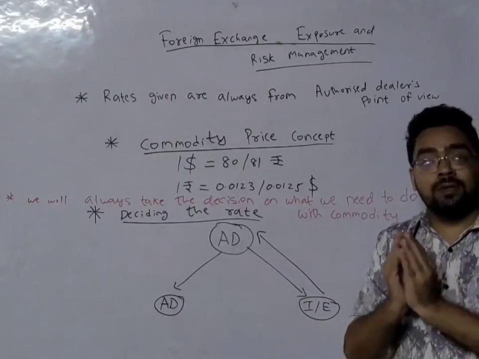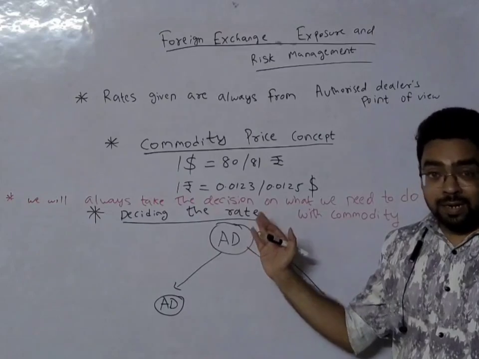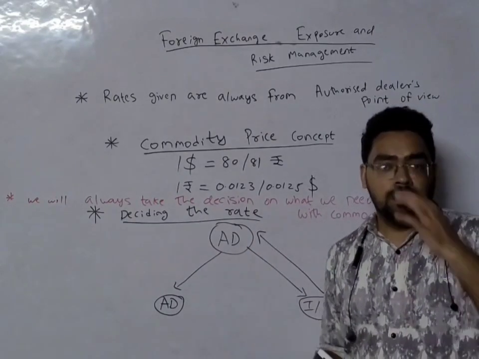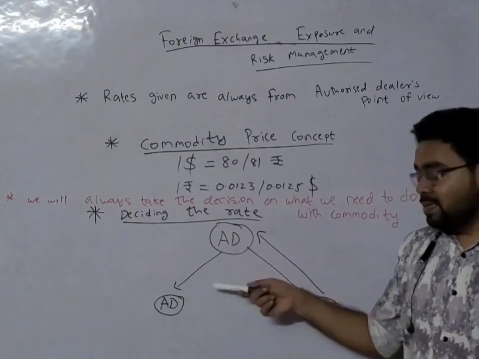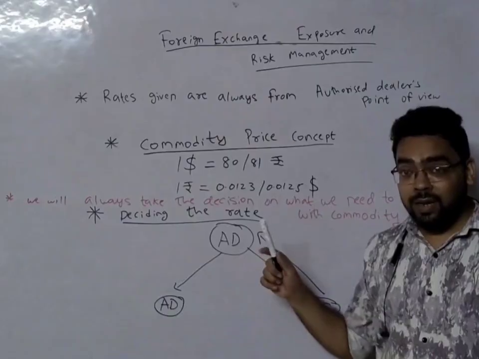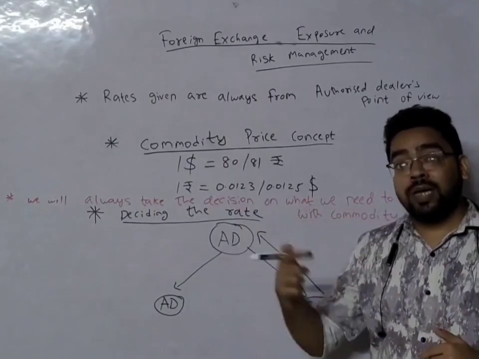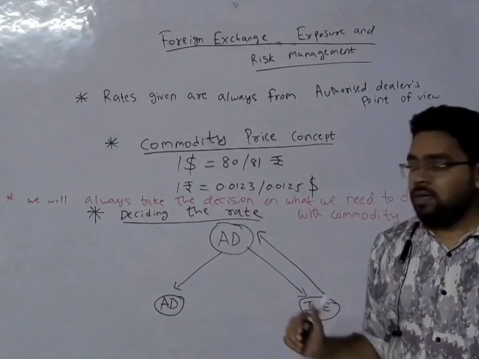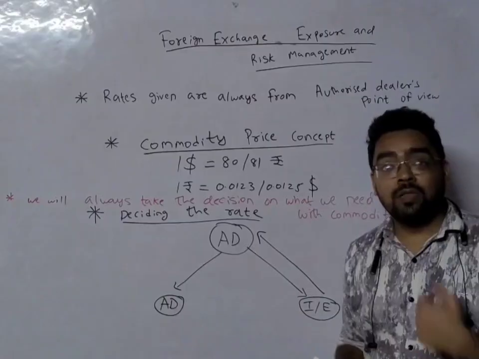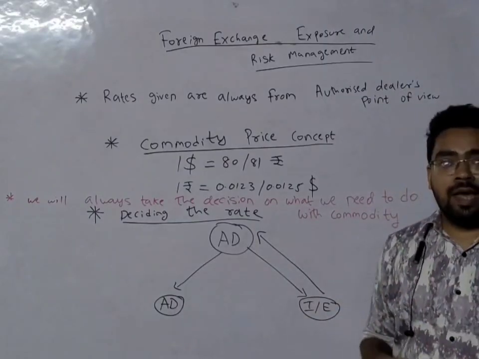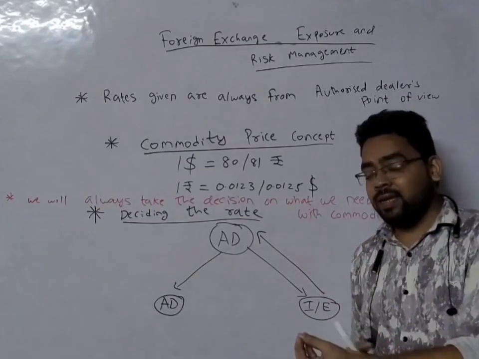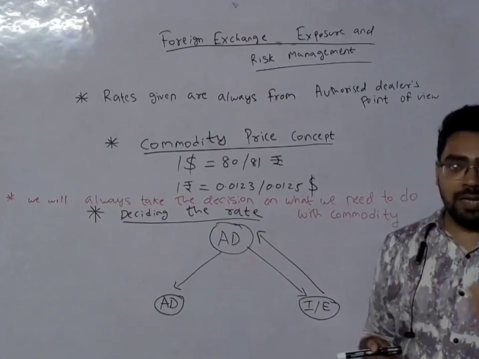Now let's see the third scenario: an authorized dealer dealing with another authorized dealer. In this case, the authorized dealer will buy at the other authorized dealer's selling rate, and will sell at the other authorized dealer's buying rate.